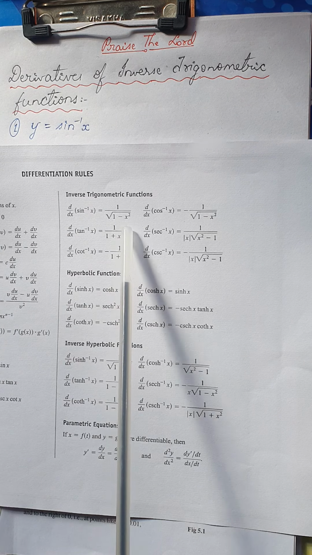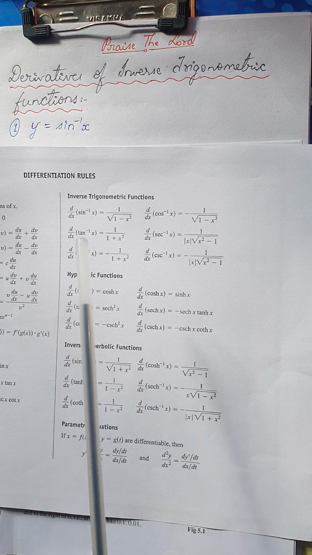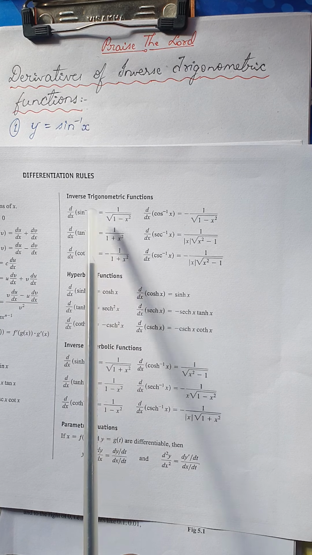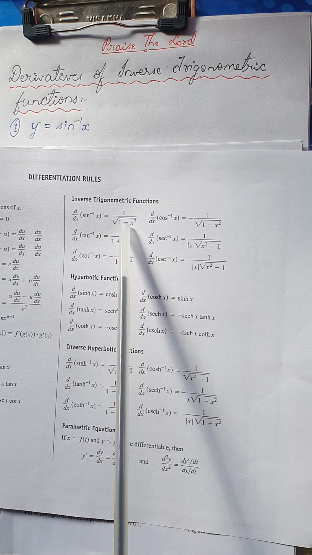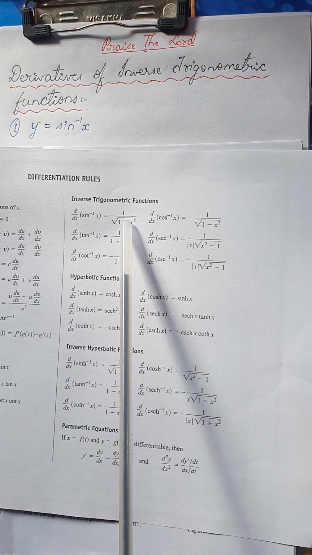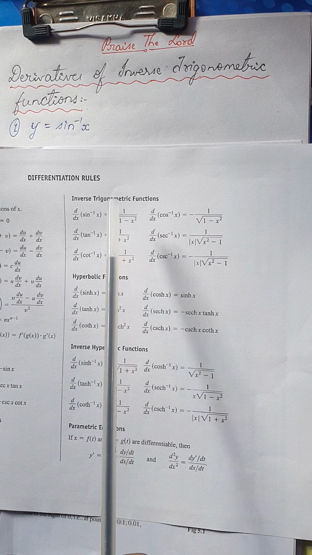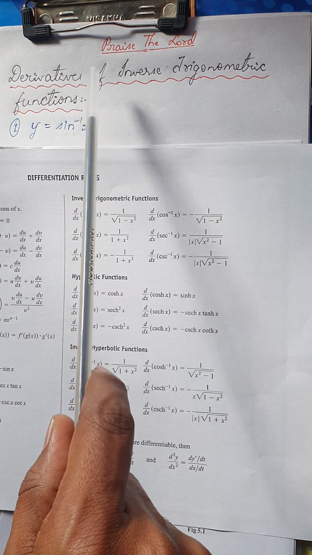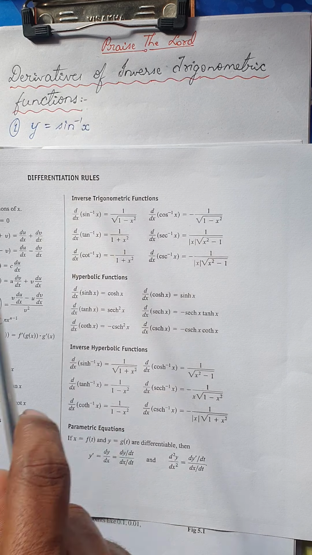So we have been using these formulas to solve the regular problems. Now we are going to see how we get these formulas, and we are going to use them to solve the leftover problems from exercise 5.3, which depend upon the derivatives of inverse trigonometric functions.